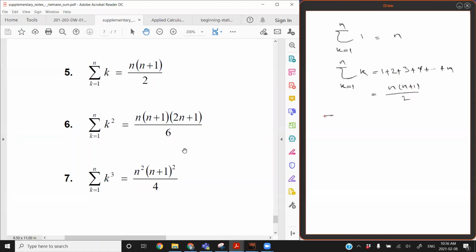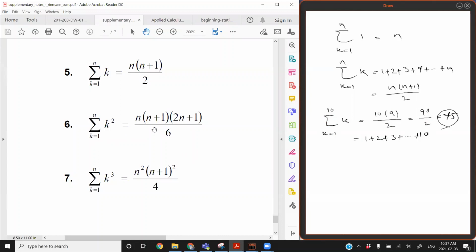So for example, if I have sigma k, k from 1 to 10, that's going to be 10 times 11 over 2, that's going to be 110 over 2, that's going to be 55. So if I just do 1 plus 2 plus 3 all the way to 10, I'm going to get 55.